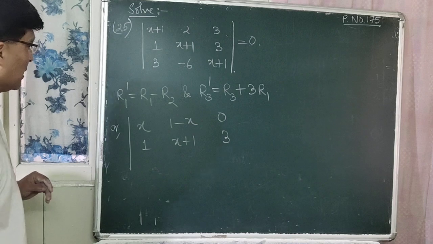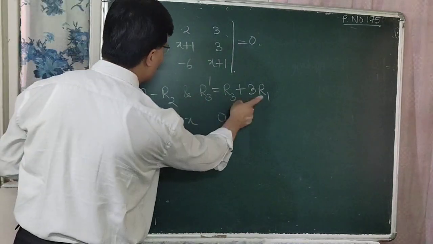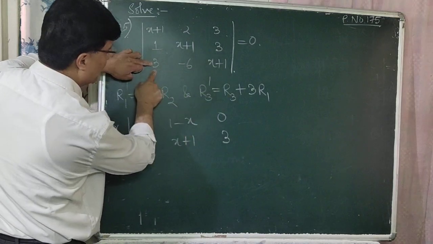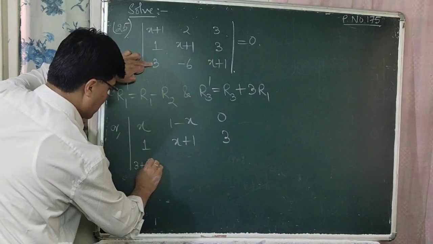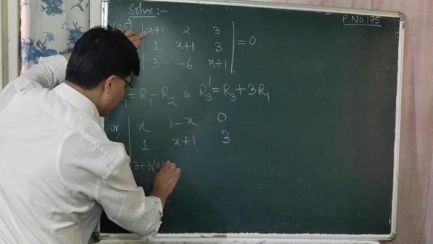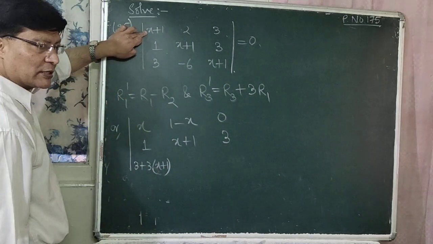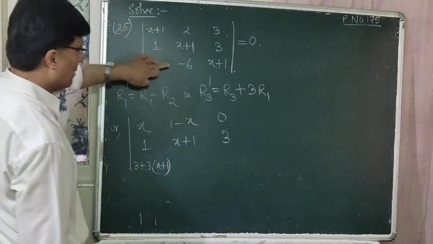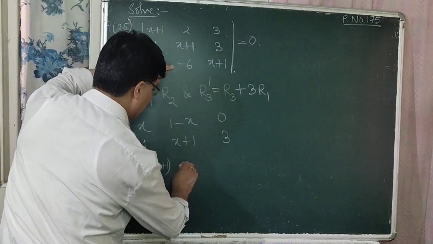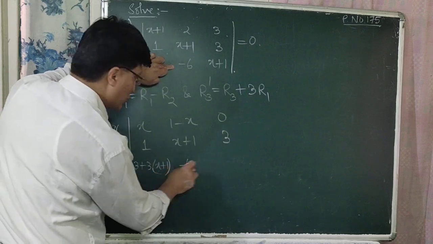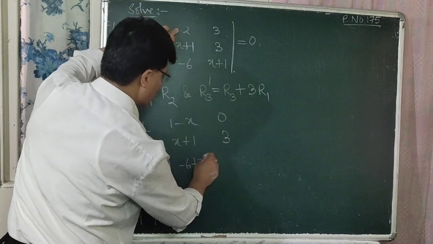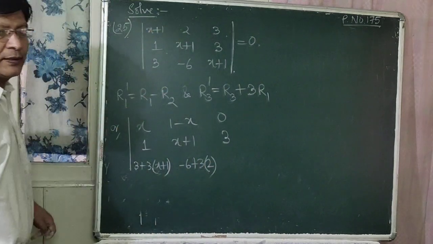ठीक छ नि, so now row 3 is changing. How does it change? r3 plus 3 r1, row 3 dash. Row 3 को यो 3 लिनु, 3 plus 3 into r1 भनेपछि यो भयो x plus 1. ठीक छ, next, अब यो row 3 dash is row 3 भनेपछि -6 लिने for the second element of the third row, then plus 3 into हामी के लिन्छौं 2, right?